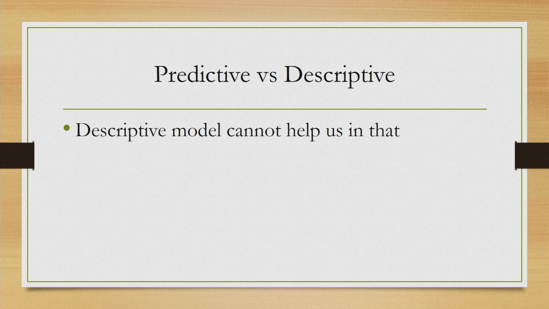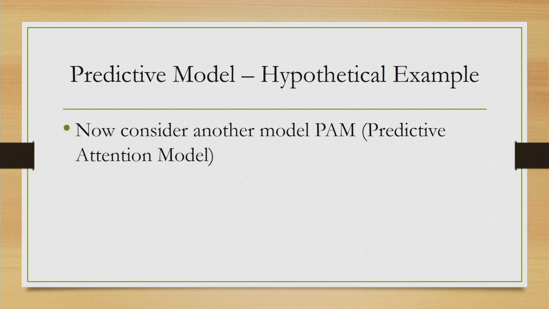Now, what is that model? Let us again consider the same example. Let us assume that we have a hypothetical model called PAM, or predictive attention model. For the time being, let us assume that this is a hypothetical model and we are using it to explain the idea of a predictive model.